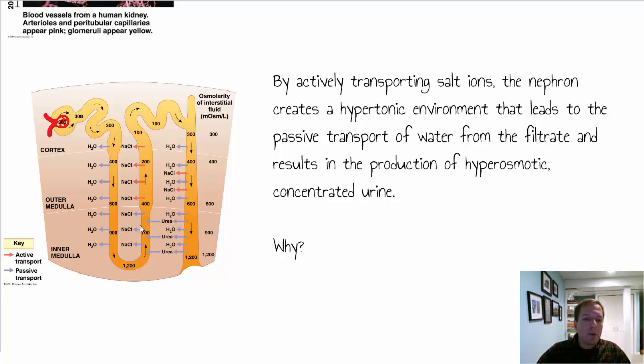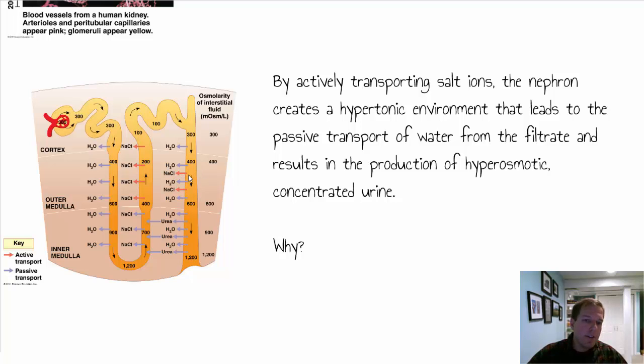And so by first passively and then actively transporting salt in particular out of the filtrate as the urine moves back up the ascending loop of Henle, now at the very end of the nephron, we have reestablished a hypertonic environment.